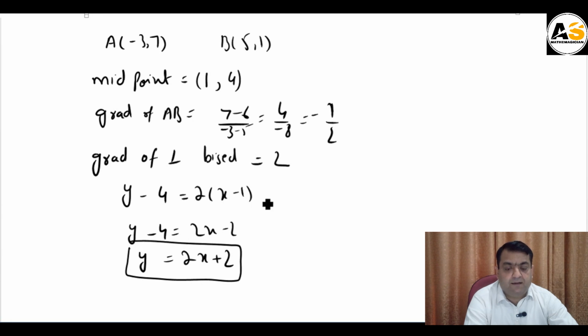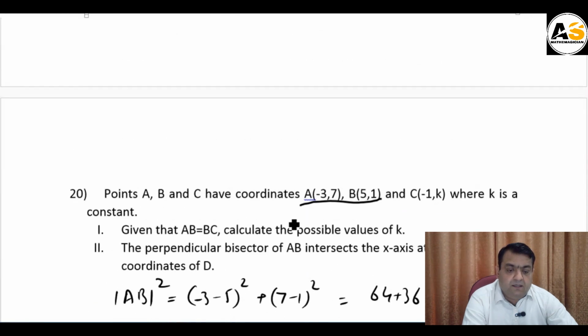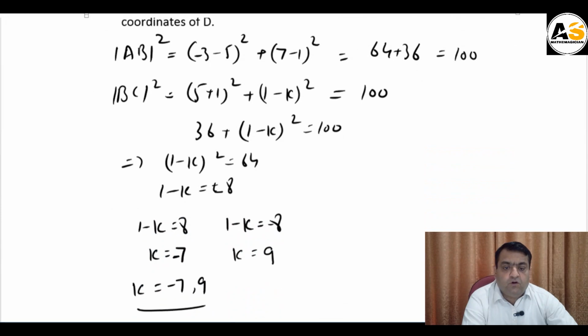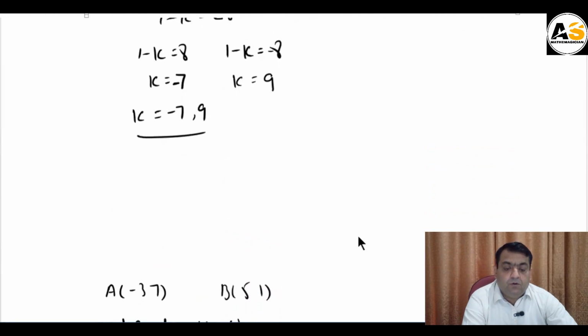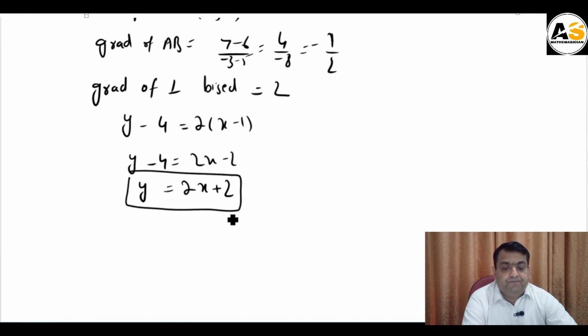I hope this is clear. Now what we have to do, we have to find the point at which this perpendicular bisector intersects x-axis. For that, in this equation we will put y is equal to 0.